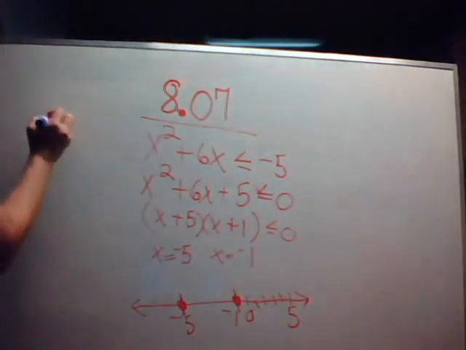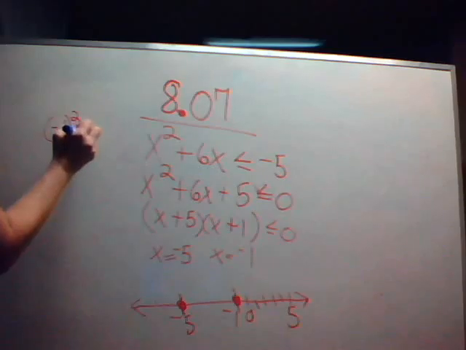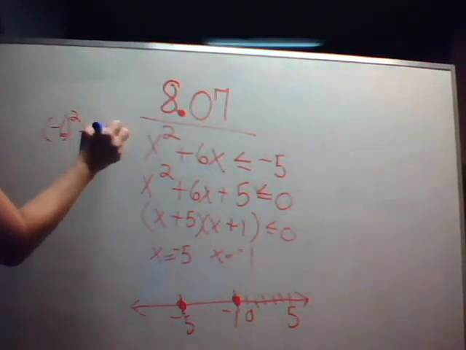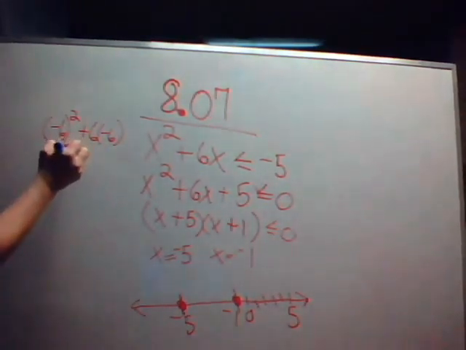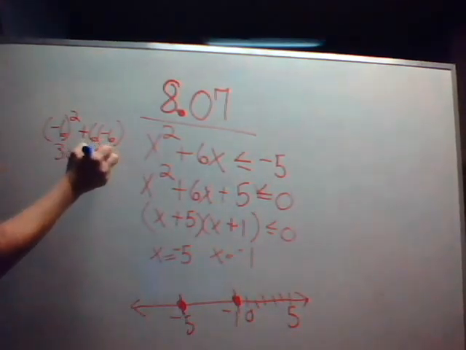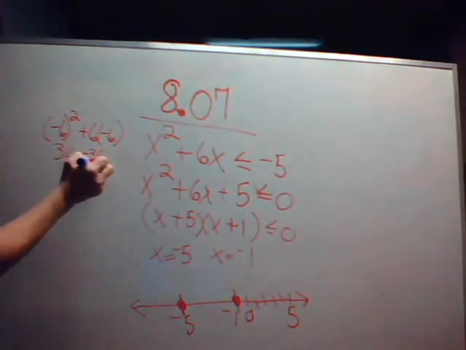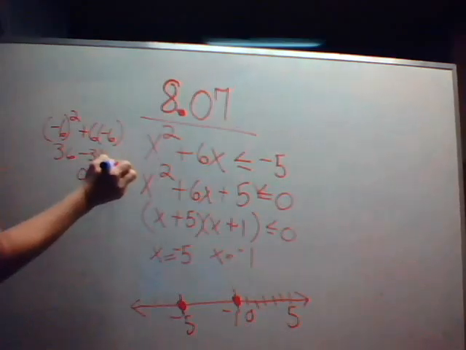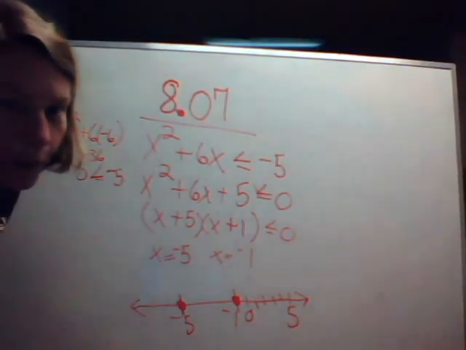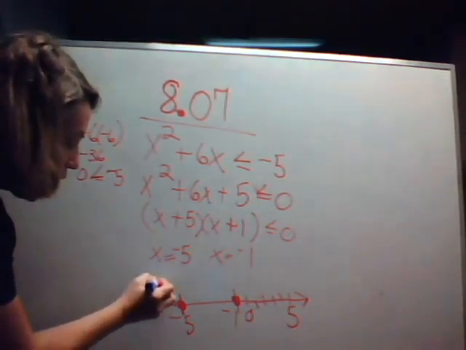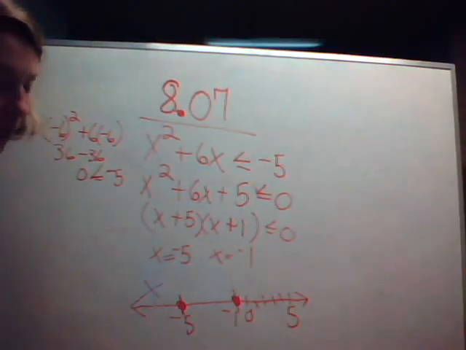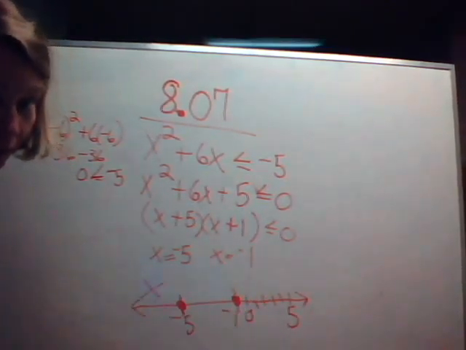So negative 6 quantity squared plus 6 times negative 6, that gives me 36 minus 36 is 0, less than or equal to negative 5. No, it's not. So it's not that region.